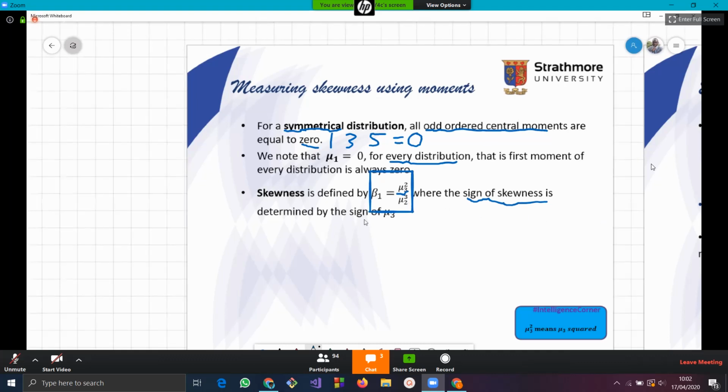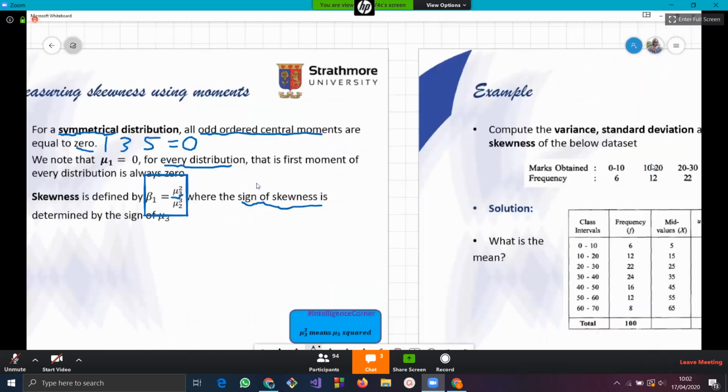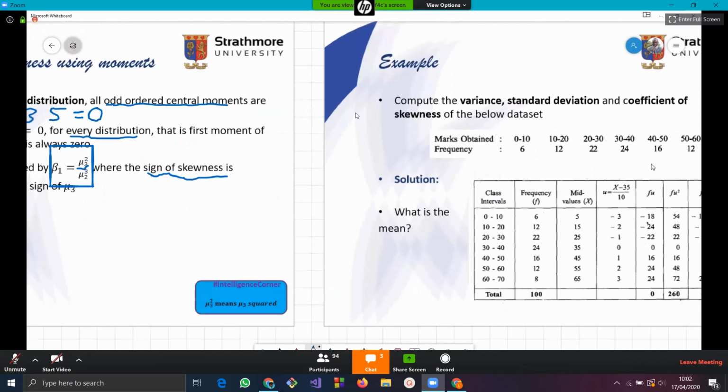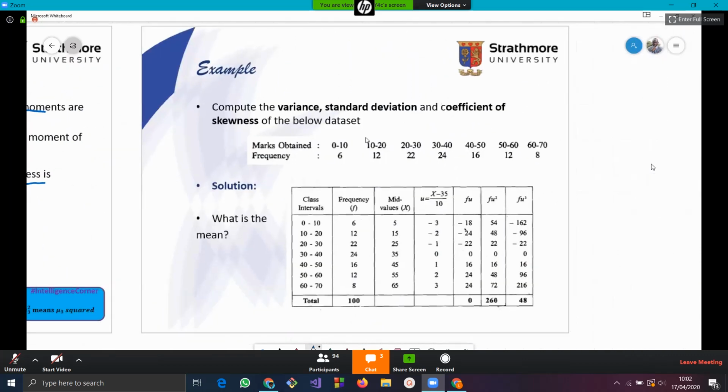So we are on into our example 1, which might define a lot for us today. Compute the variance, standard deviation, and skewness of the following data set. So this is the data set.